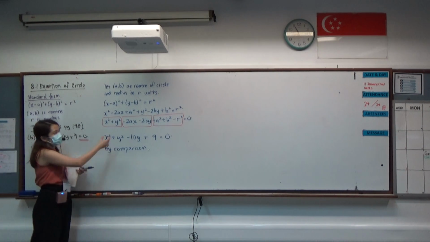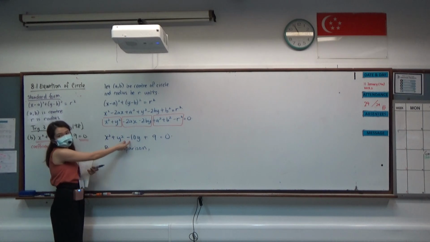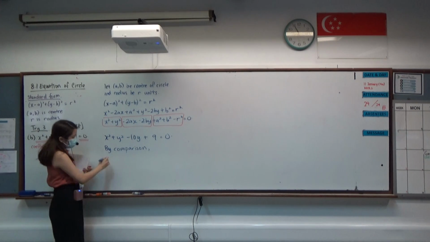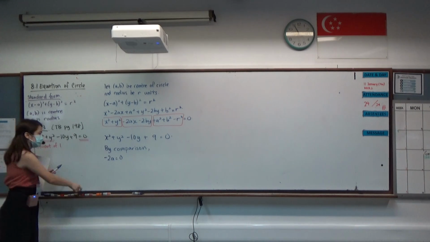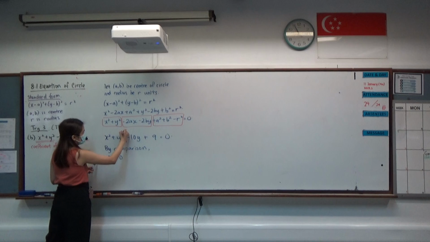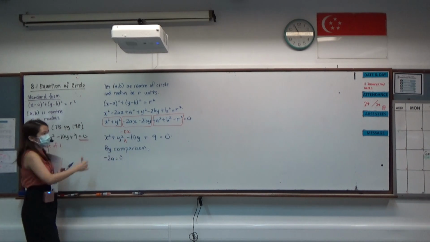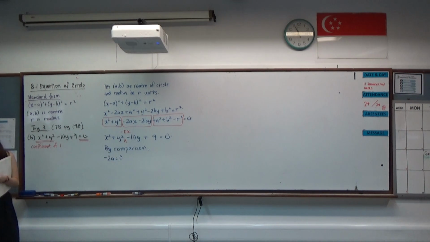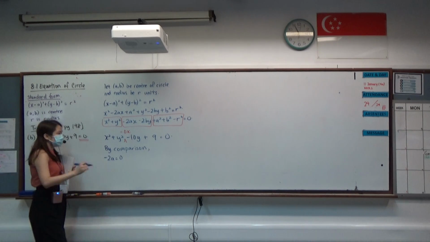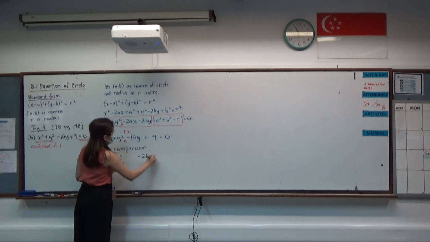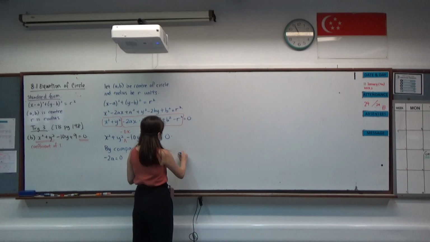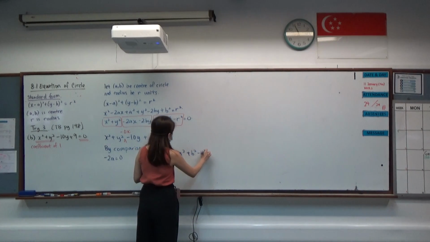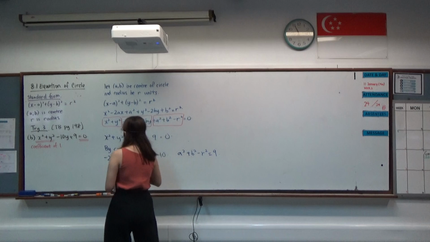It just means that the coefficient of x in this given equation is 0, so negative 2a equals 0, because it can be seen as though there is a minus 0x or plus 0x. Then we also say that negative 2b equals negative 10, and a squared plus b squared minus r squared equals 9.